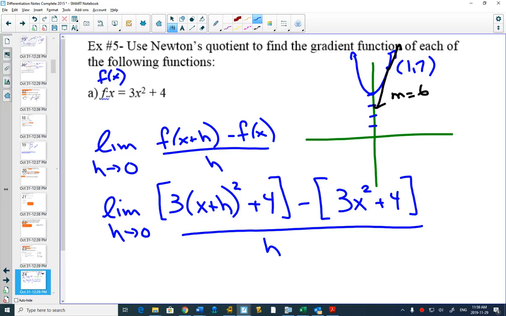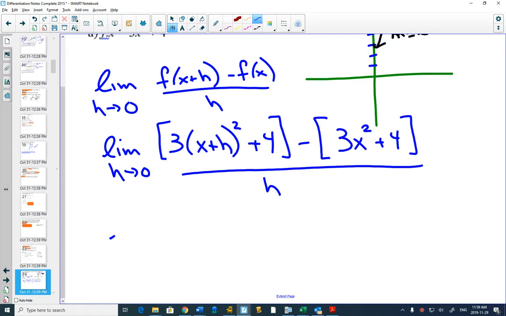Can we evaluate this limit right now? Can you plug in 0 for h? No. You're not allowed to plug in 0 for h because you would divide by 0. So our job is to do some algebra and hopefully cancel out this h on the bottom. So what can I do algebraically?